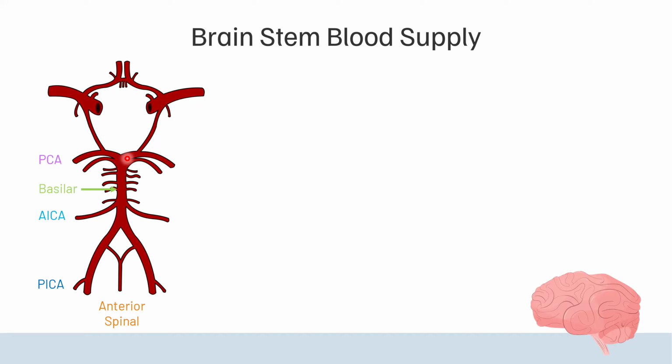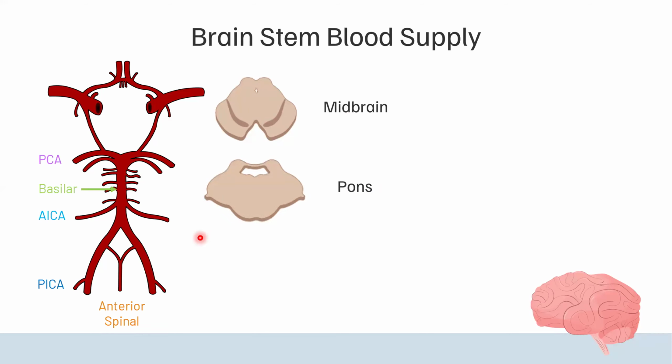Okay. Now, the reason why I only pointed those out specifically is because they are the ones that contribute to the actual blood supply of the brainstem. So let's take a look at it one by one. We start off on top with the midbrain, and then we have the pons, and then we have our medulla. So for each of these, we're going to have a medial blood supply and a lateral blood supply.